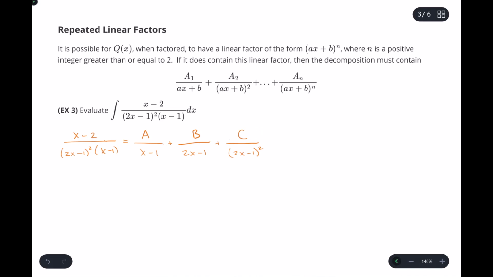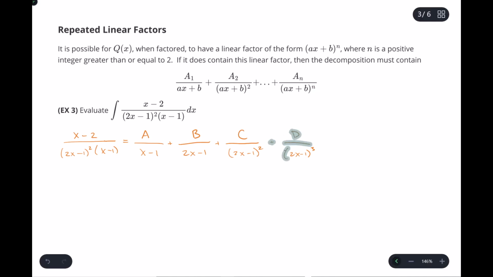So for simplicity, this is the easiest way to do it. Now, if this had been to the third power, we would of course do plus d over 2x minus 1 to the third. This is what's being said here. You just continue writing additional factors until you get to whatever that exponential power is.